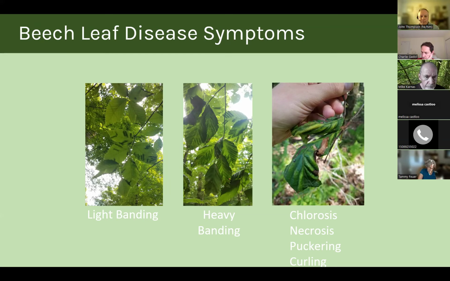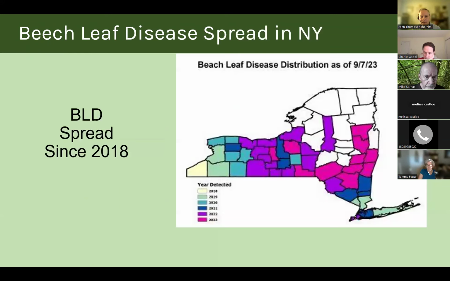But I'll show you some photos of the really high severity beech leaf disease that we have seen in some parts of the Catskills. So as I mentioned, beech leaf disease started in the Midwest, in 2014, moved into New York by 2018.